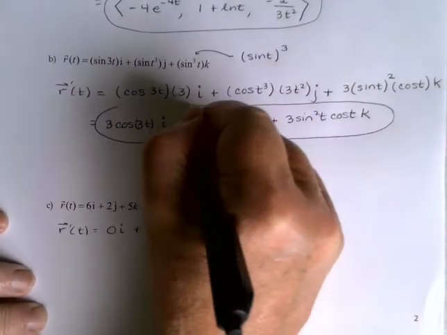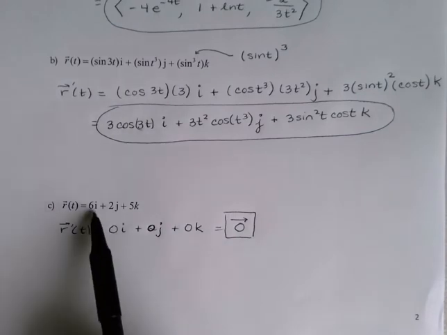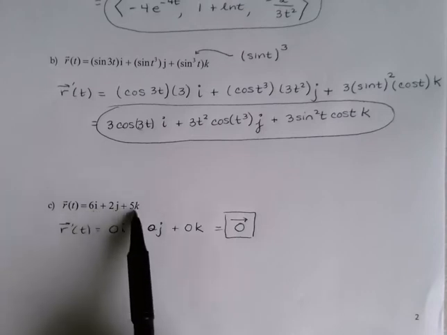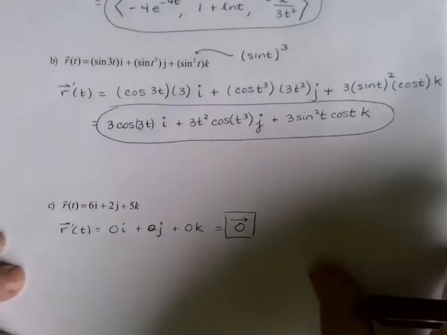Sorry, little OCD here, gotta circle my last answer too. Notice, just like the derivative of a constant is 0, the derivative of a constant vector would be the 0 vector. All right, on the next page, I'm going to show you the derivative forms for the product rule in vector-valued function form.